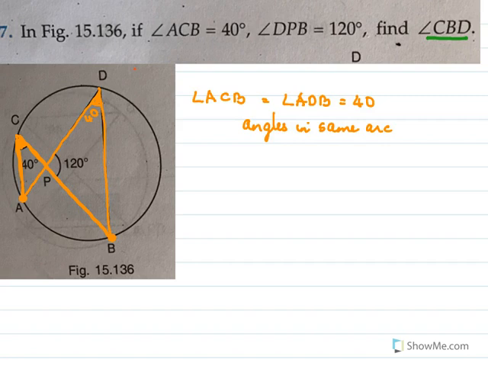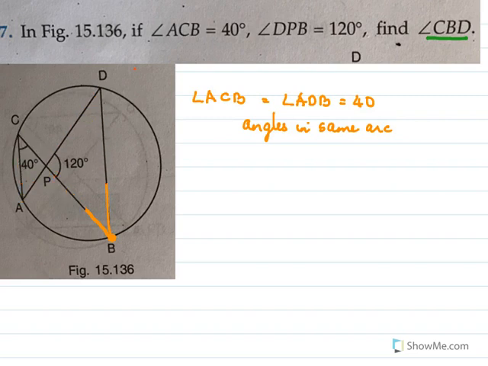Let me trace it. Here from A, I went to C. This was one angle. That was my ACB. And then from the same A and B, I went to D. So these two angles are angles in the same arc. That's one part of the sum.